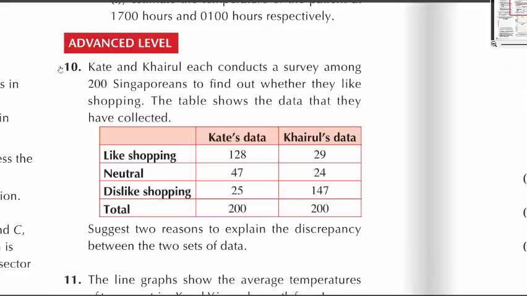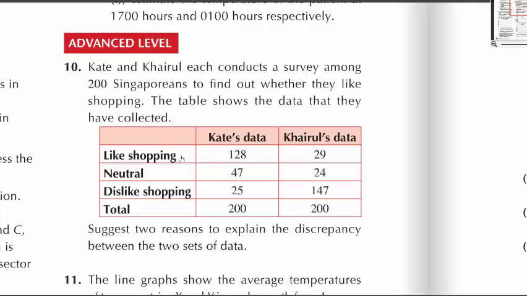Next, we go on to question 10, the advanced level. Here, Kate and Kairu each conduct a survey among 200 Singaporeans to find out whether they like shopping. So this is the data collected. And then you're supposed to suggest 2 reasons to explain why there is a discrepancy between the 2 sets of data.